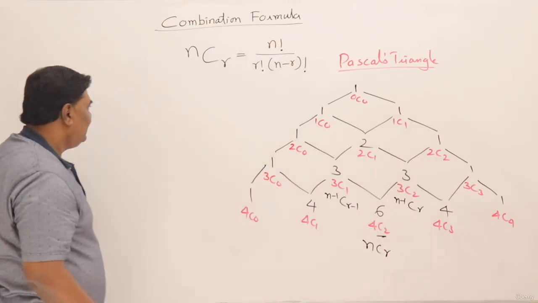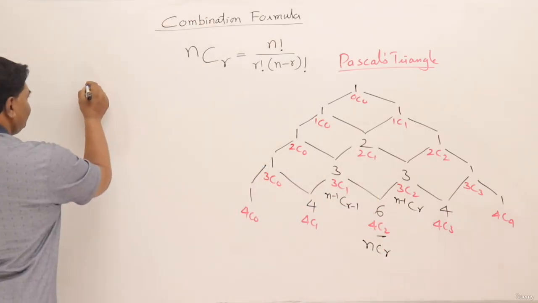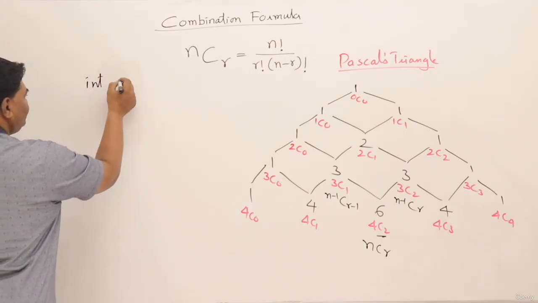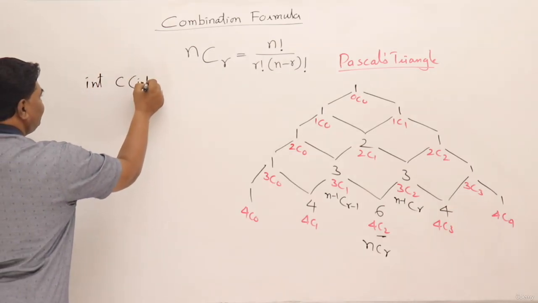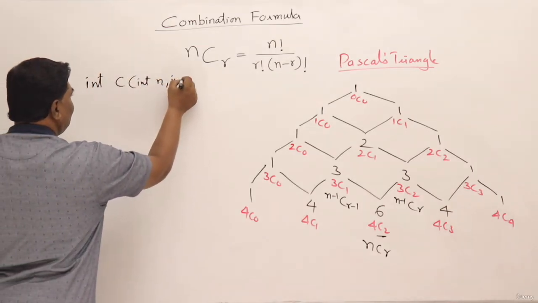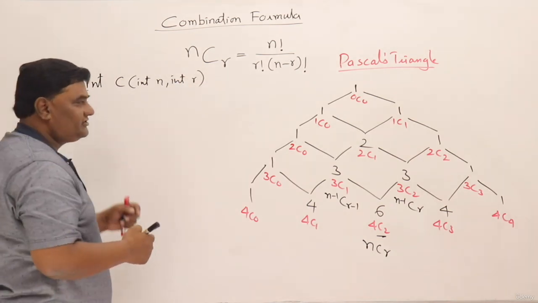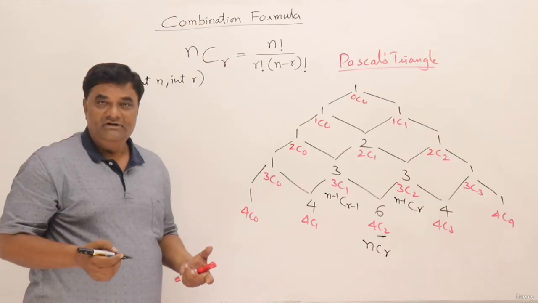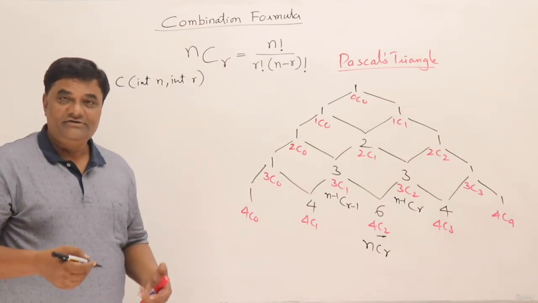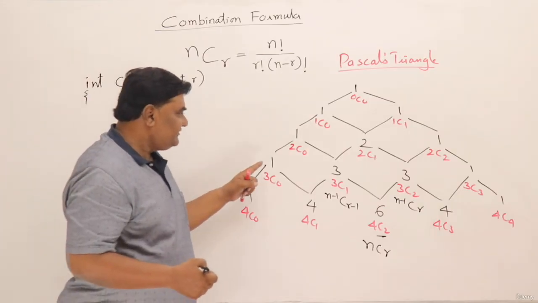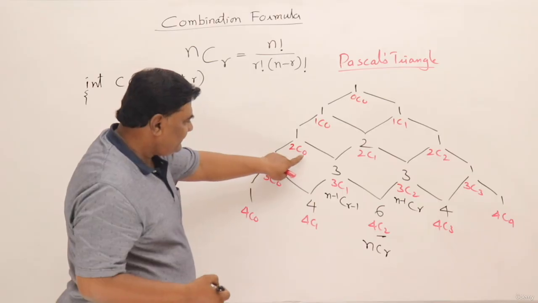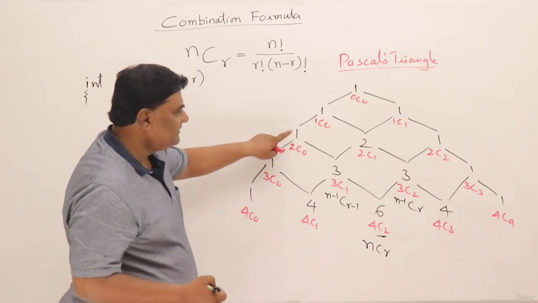So based on that, I can define a recursive function here. Let the function name be c and it takes n and r. Then for a recursion, I should define a small problem. Means when n is 0 or r is 0, what should I do? So for this, you can see here, when r is 0, return 1.